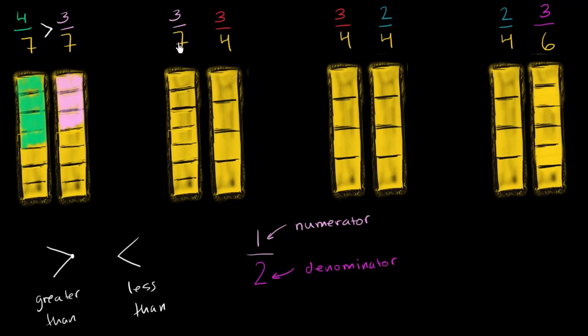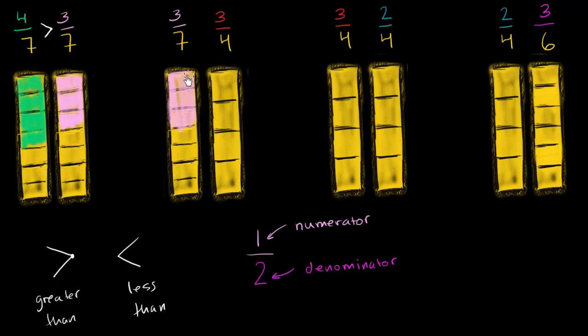Now what about 3/7 and 3/4? So here I have different denominators, but I have the same numerator. I encourage you to pause this video and draw little boxes like this and try to judge for yourself which of these is a larger fraction, represents a larger number. Well, let's color them in. Let's think about 3/7 first. We actually already drew it here, but I could do it really fast right over here. So that is 3/7.